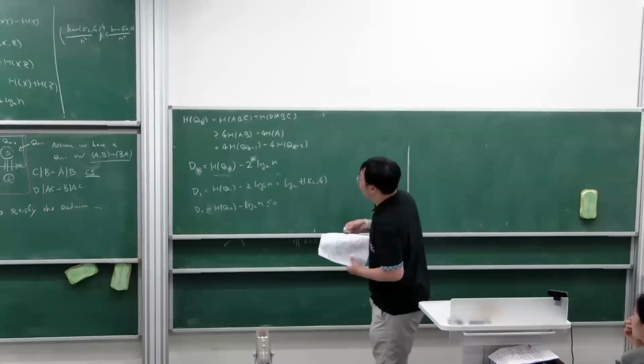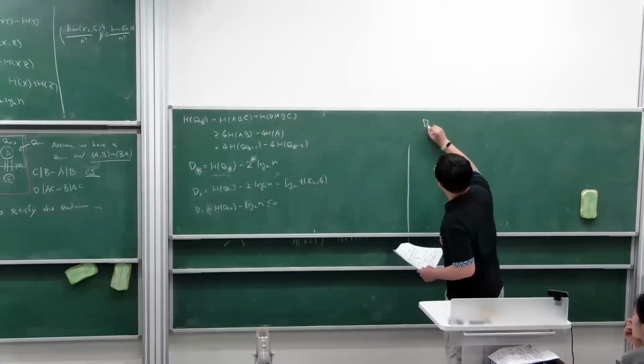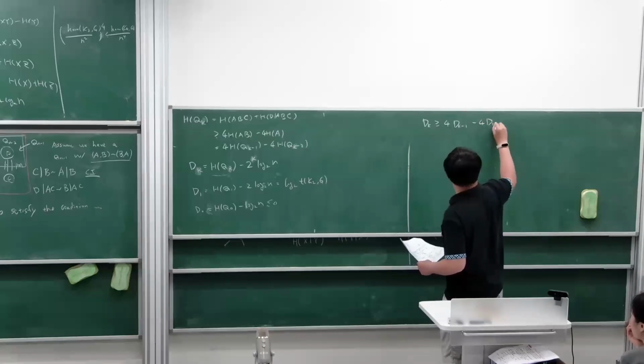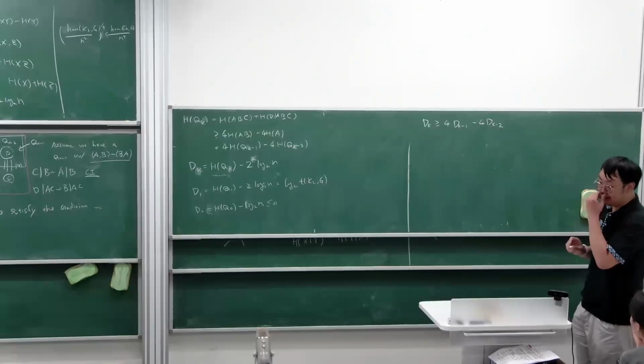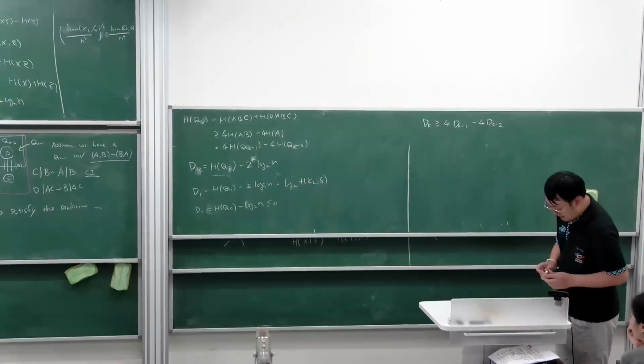And we have the recursion, so you can rewrite this as a recursion that dk is greater than or equal to 4dk minus 1 minus 4dk minus 2. Right? So we want to do this telescoping sum.